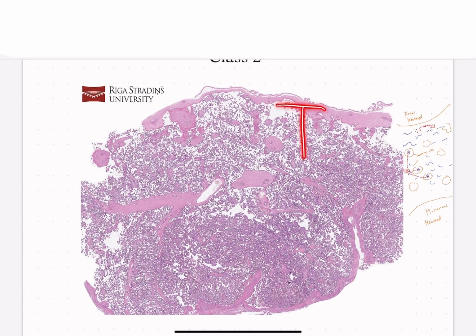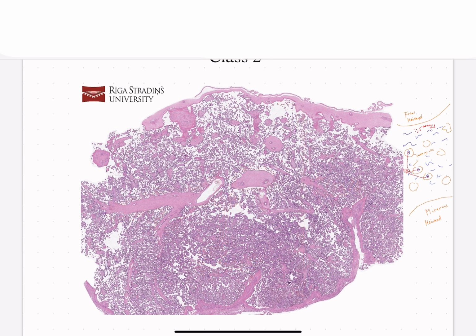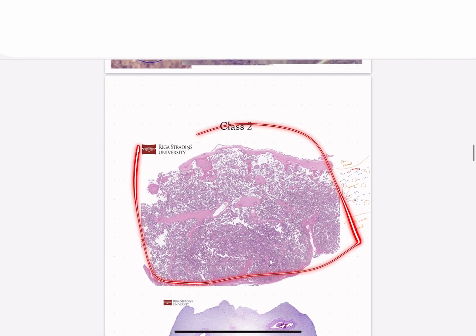Now, in between, we have the sea, in quotation marks, with all of these villi or tertiary villi, all of these small pink structures. I imagine them as small islands. This helped me to identify that we're looking at a placenta in every image.